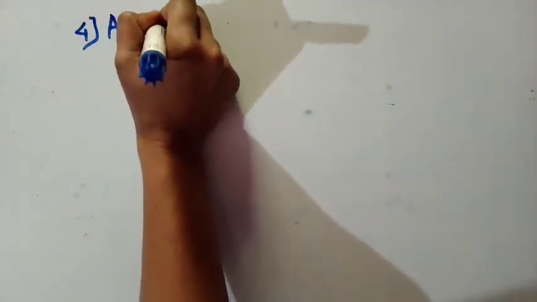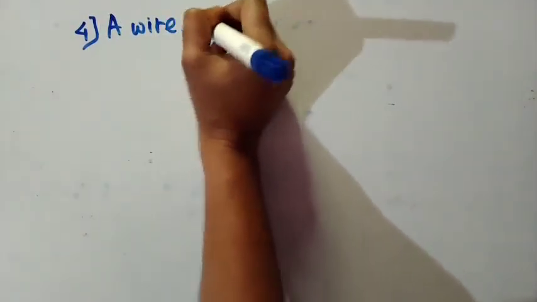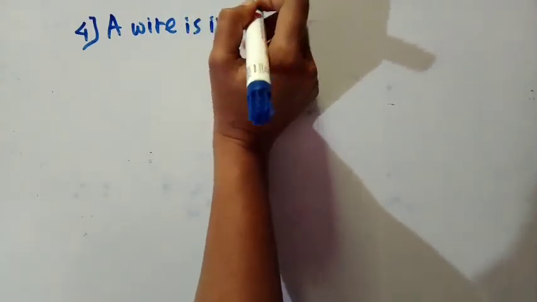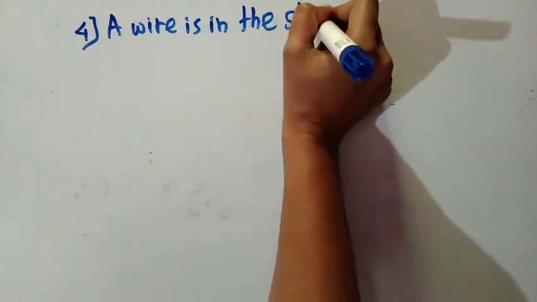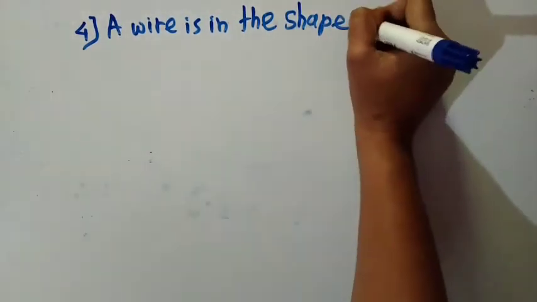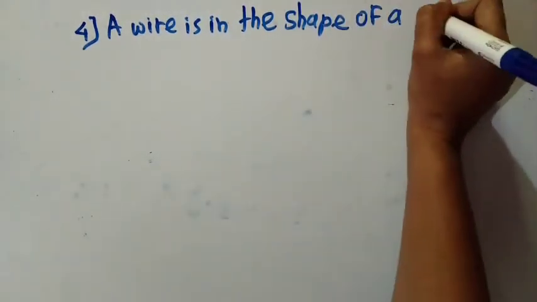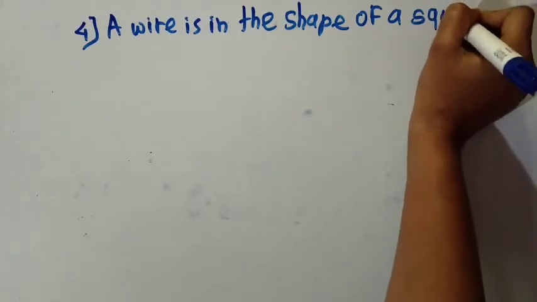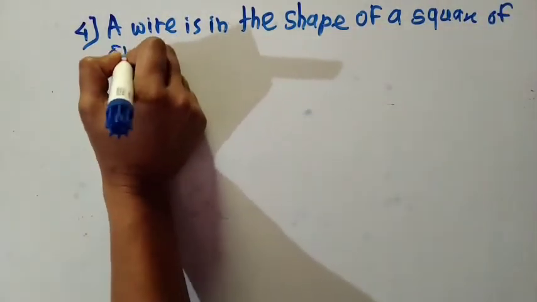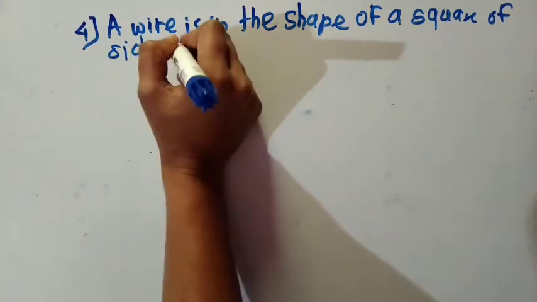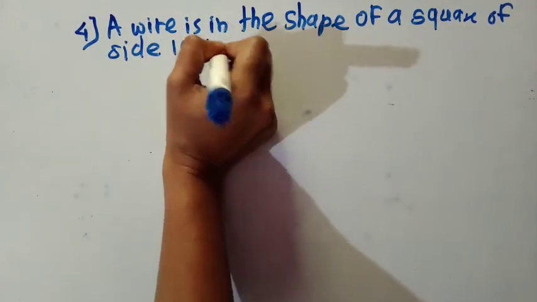A wire is in the shape of a square of side 10 centimeter.